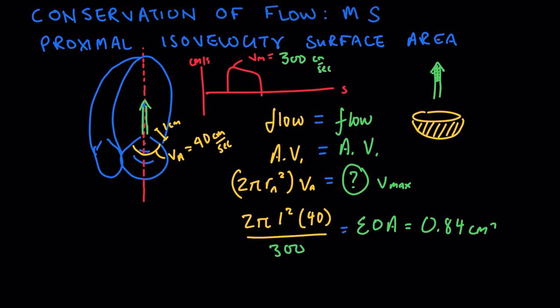What we say is that all the blood that is coming towards those stiff leaflets, that flow would be the aliasing velocity times the surface area, 2 pi r squared. Because the flow in equals the flow out, that must be equal to Vmax times our unknown area. And that's how we solved for the unknown area.